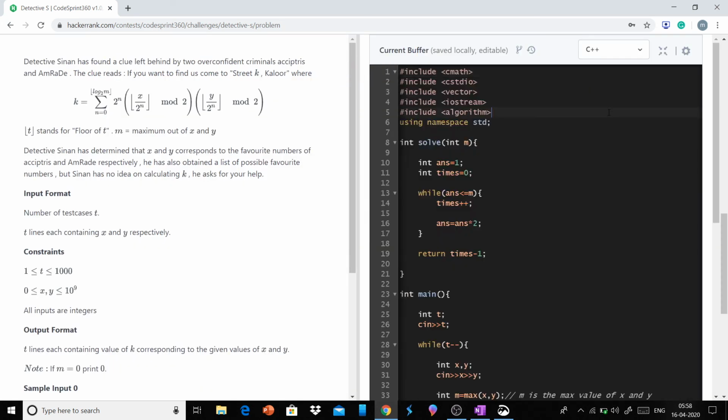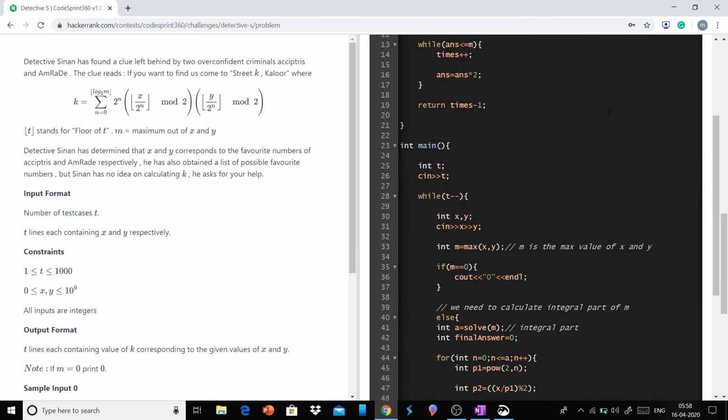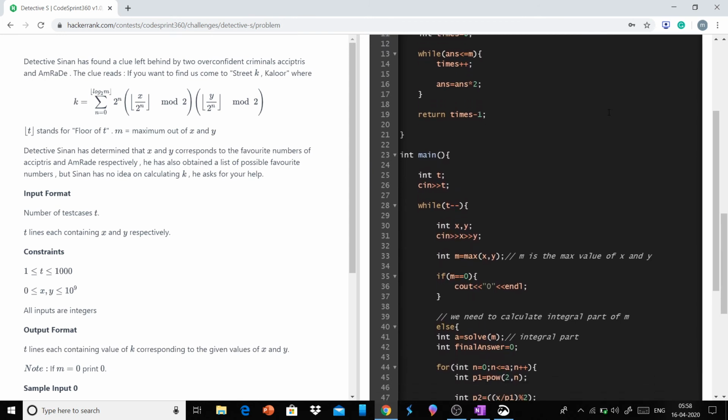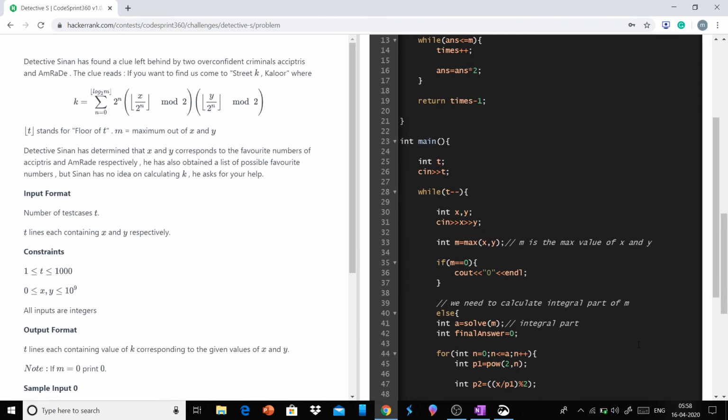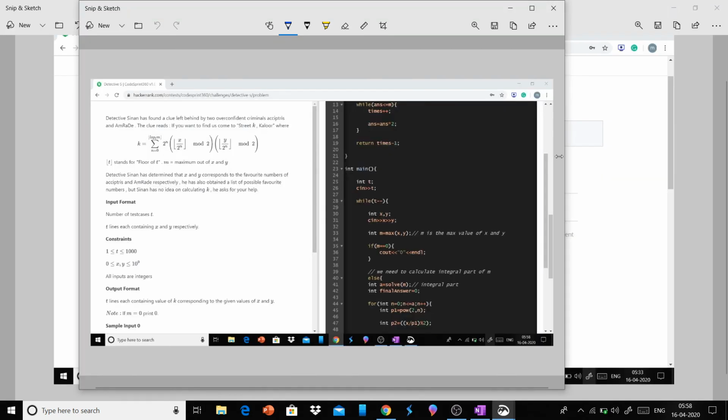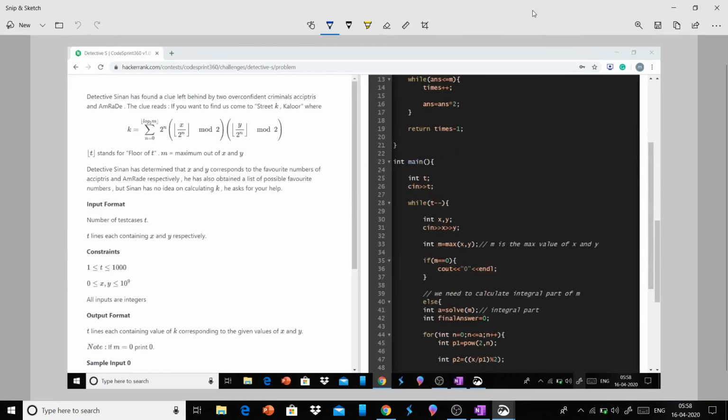What I have done is that I have taken input initially, integers x and y, and then I have calculated m, the maximum value of x and y.